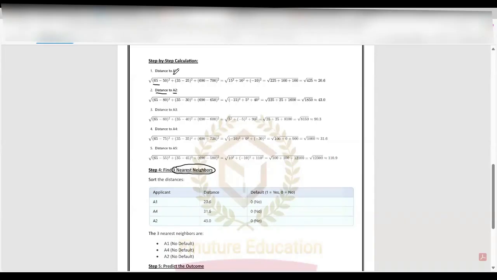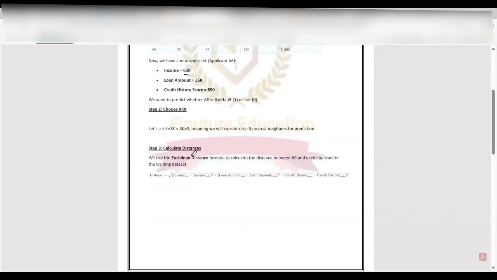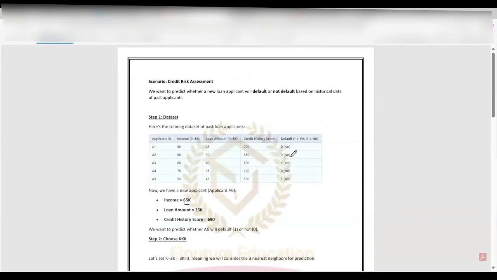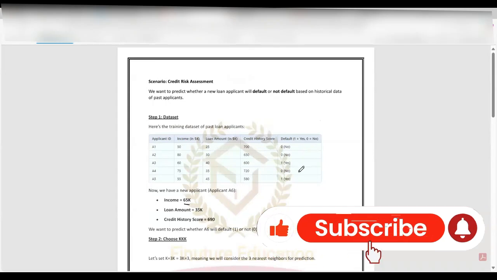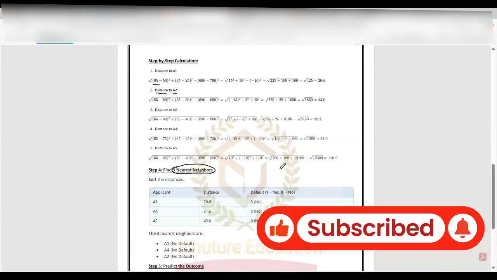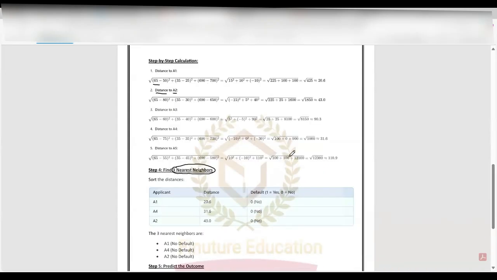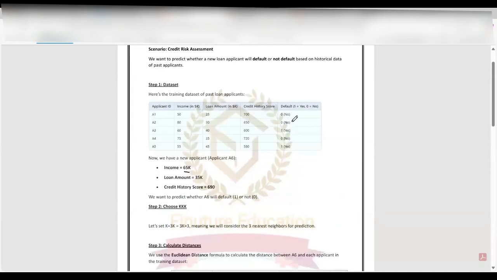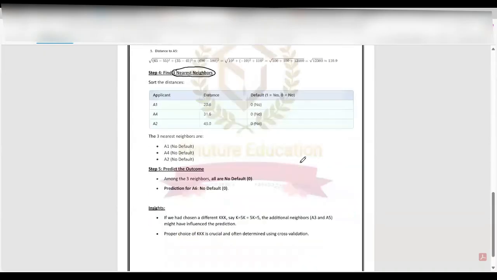If I go to my original data set, these were first, second, and second last. So for first, second, and second last, there was no default. So eventually you conclude that for the new loan application, you will not have a default.